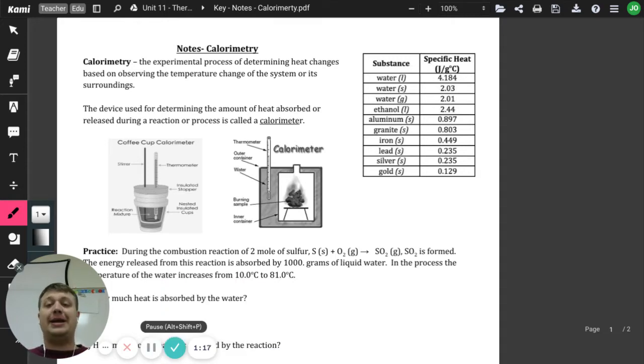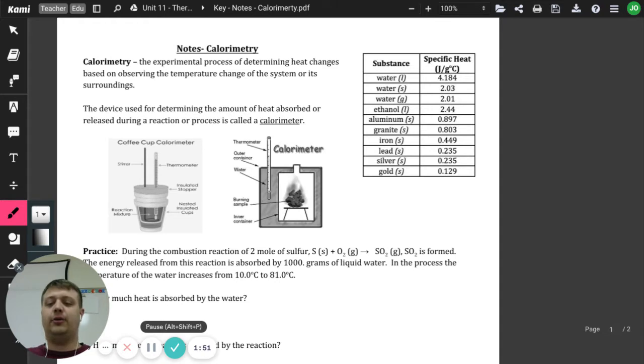So a calorimeter is basically a device that we use to determine how much heat is either absorbed or released during a reaction, and we call that process calorimetry. There are a couple of ways that we can do this. The traditional way in a pre-AP chemistry lab setting is what we call coffee cup calorimetry. With that, we would use 2 coffee cups to insulate some water and see how much we can cause that water's heat to change.